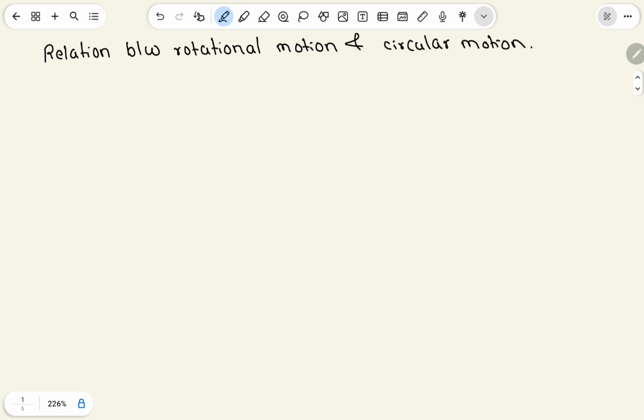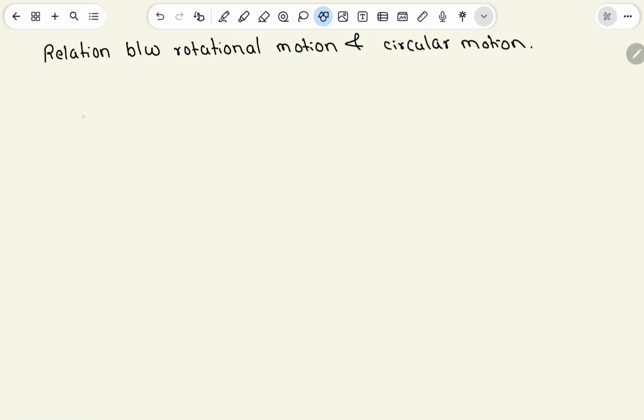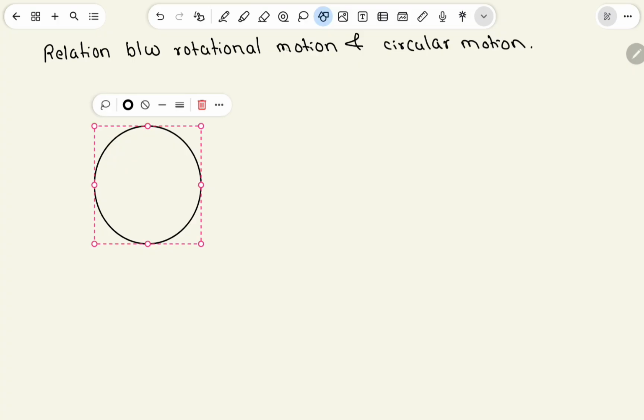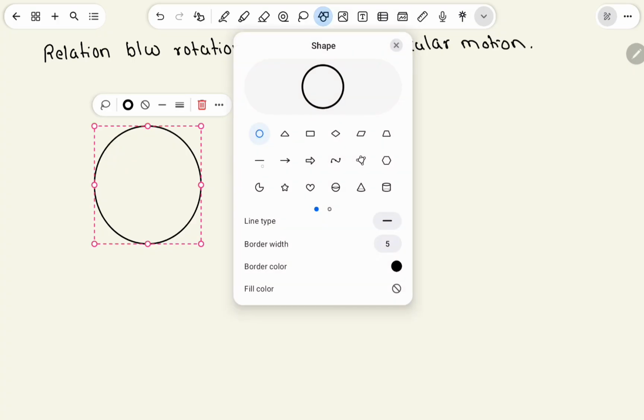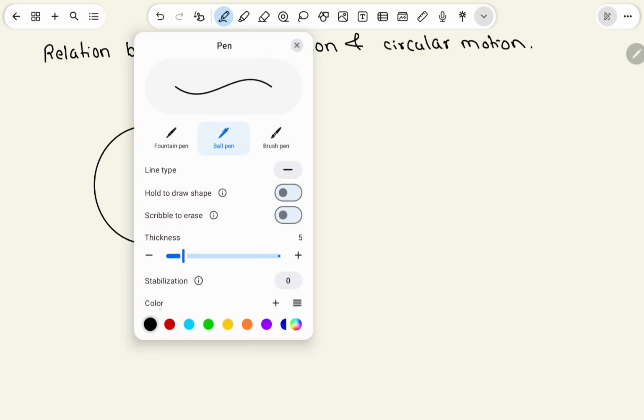So for this case, let us consider a sphere. So I have a sphere like this, and I'll draw an axis. This is the axis of the sphere, and the sphere is rotating about this axis.